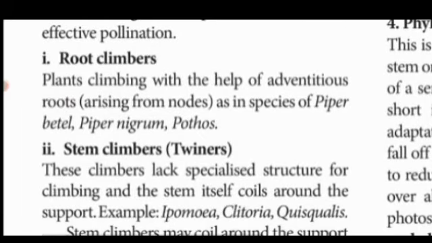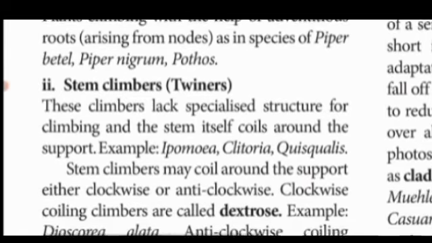The first one is the root climbers: plants climbing with the help of adventitious roots, which arise at each node, as in Piper betle, Piper nigrum, and pothos. These climbers climb nearby trees, fences or supports.